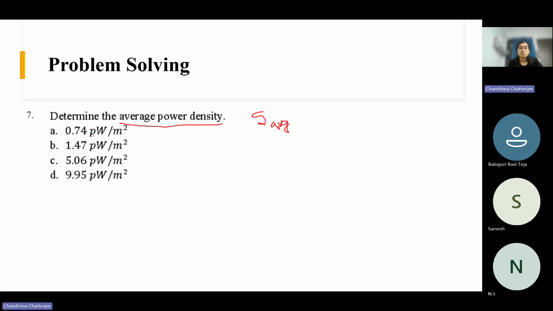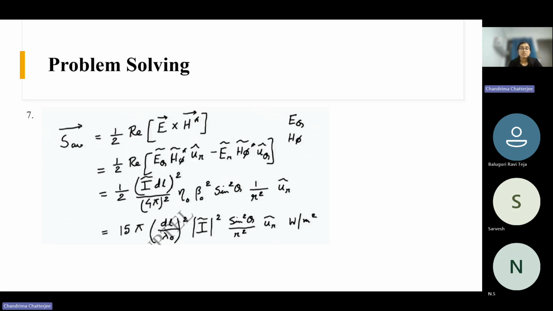It is in picowatt per meter square, the unit. So this is S average. What we will have to do is E cross H star, and we take the real part, not the imaginary part. After all these vector manipulations, you will get finally this expression.